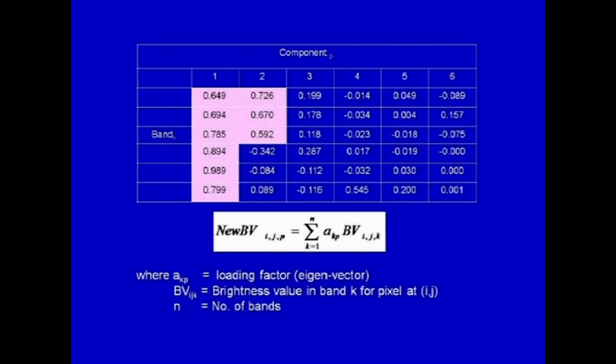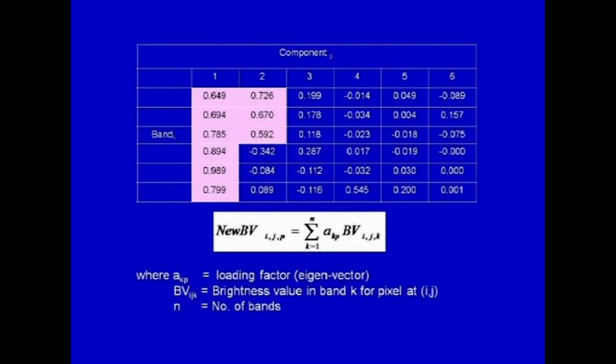We find that the first component, which has 85% of information, has a very good contribution coming from each of the original data sets. All the 6 data sets provide a huge loading factor onto the first principal component, whereas the second one, which contributes about 11%, takes into account the first 3 bands of the data set, while all other components probably have very insignificant loading.